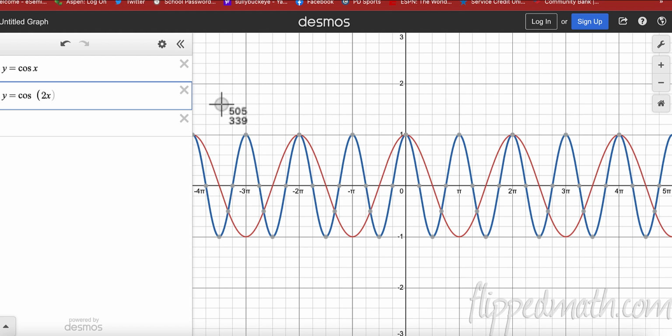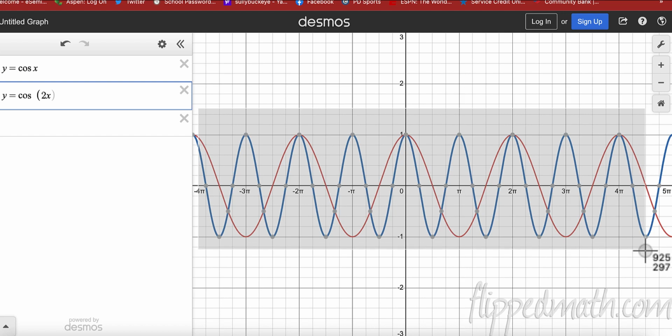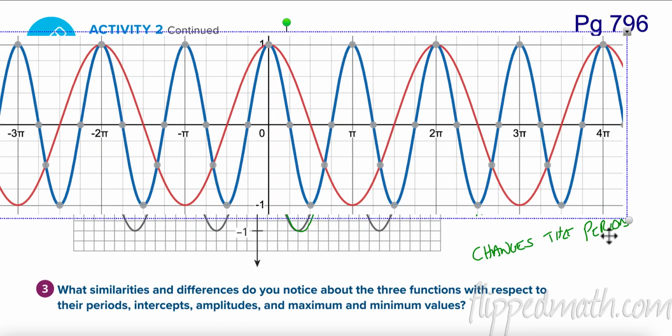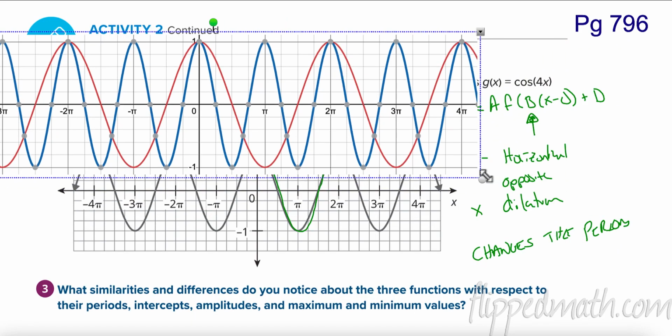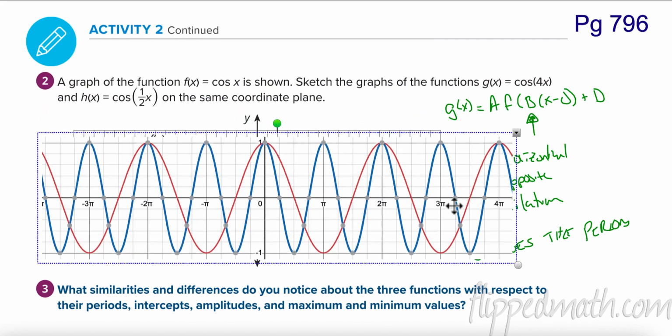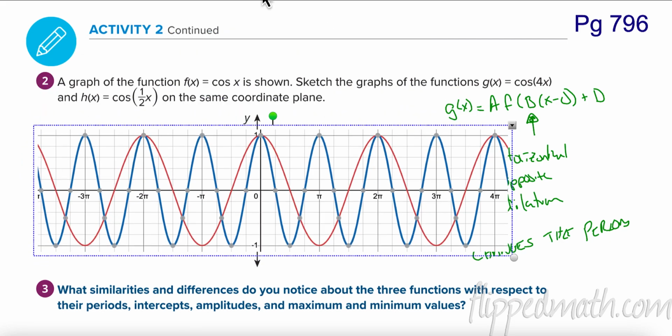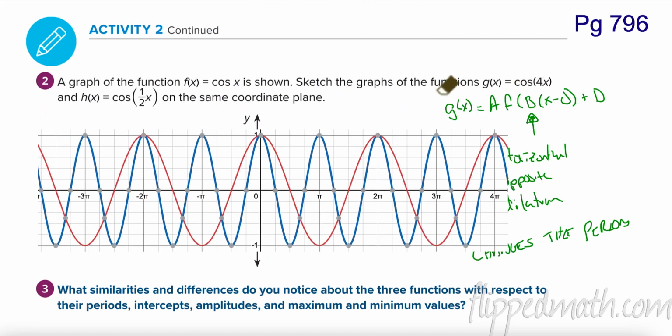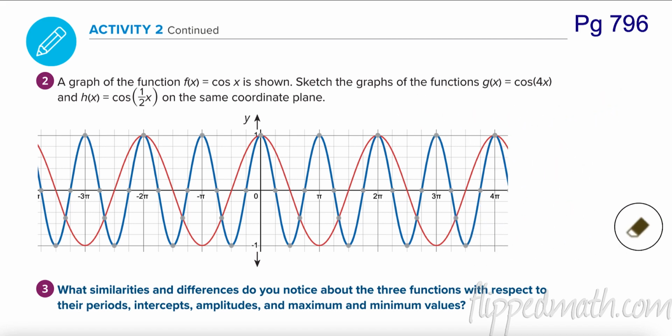All right? So let's graph that on our graph. I'm just going to copy and paste this because this is way better than anything I could draw. So let's talk about this. So when we have this here, all right? When we have this, we know that it stretches it or dilates it, right? This one actually shrinks it.